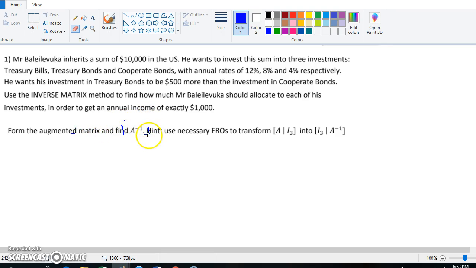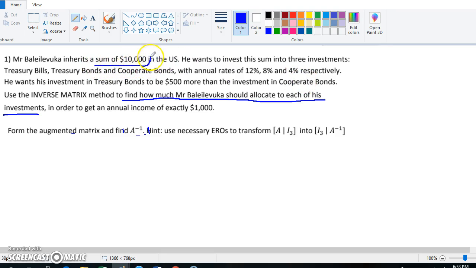Okay, so let's take a look. What is your goal in this problem? Find how much Mr. B should allocate to each of his investments. Okay, so what are the investments that Mr. B has?